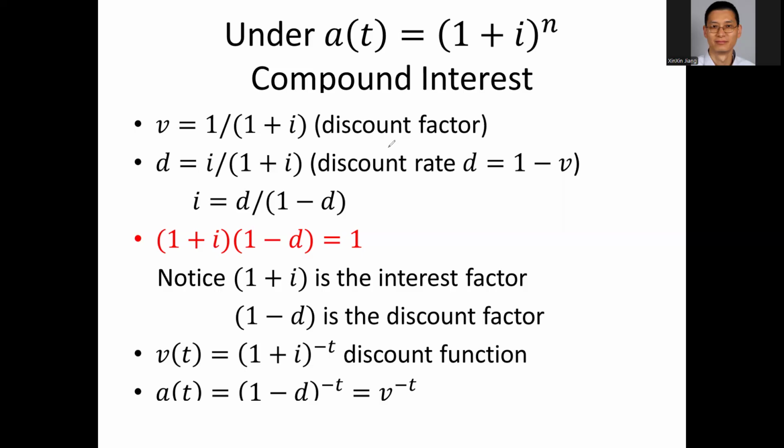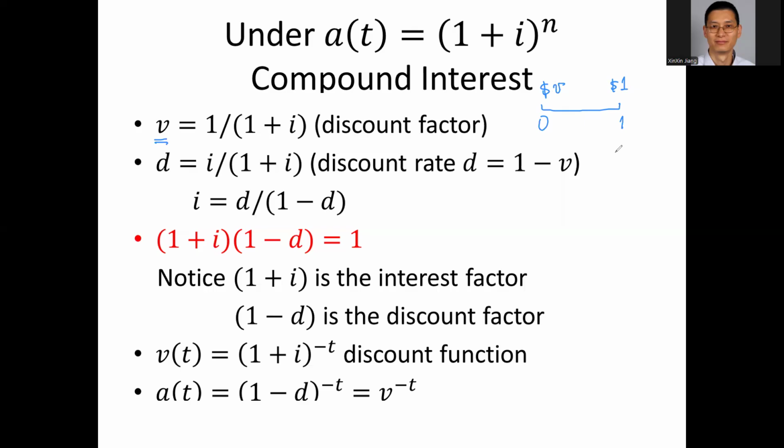Okay. So for compound interest, the discount factor is denoted by v. And that equals 1 over 1 plus i. Basically, again, you have $1 here at time 1, so you will have a v here at time 0.